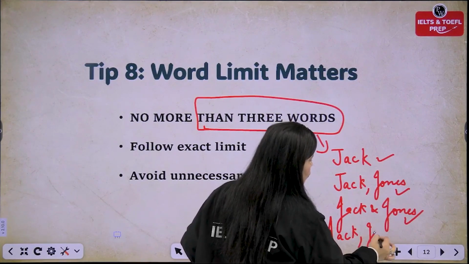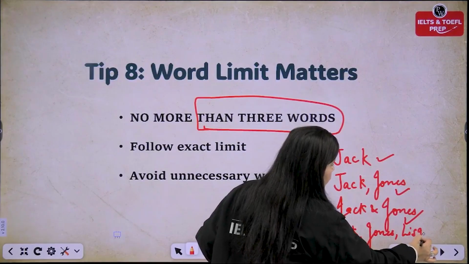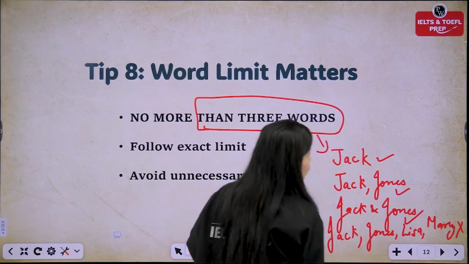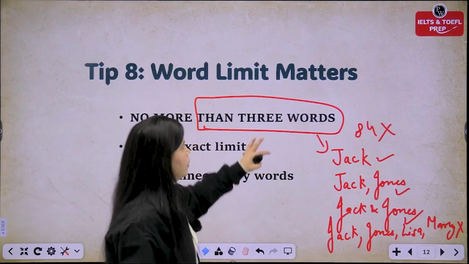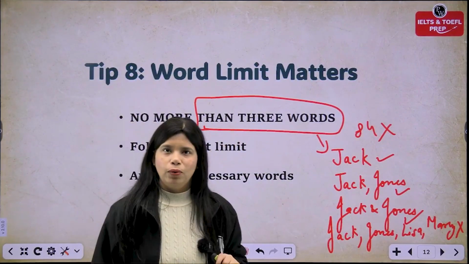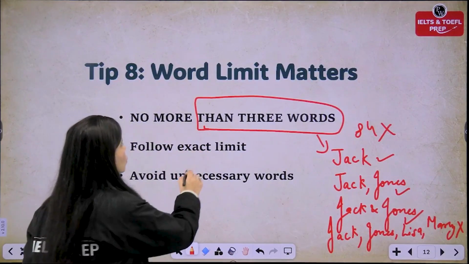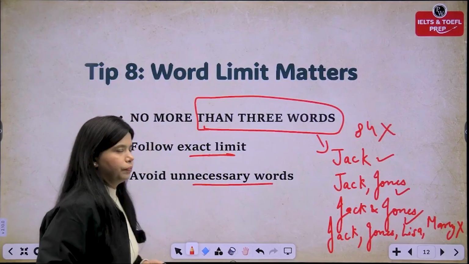Jack, Jones, Lisa, Mary. Now this is of course not gonna be correct because these are 4 words, plus if you write a number, even that won't be correct because they have not allowed any number over here. Okay, so be very careful of the word limit. Follow the exact limit and avoid unnecessary words.